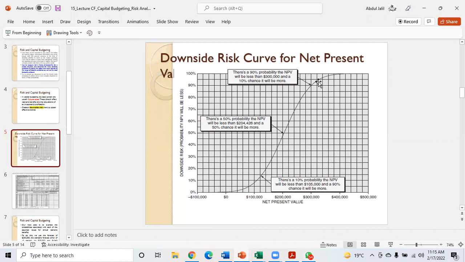Now this 2 lakh, it may have just like a 50% probability that up to 2 lakh net present value you may have, or a 90% probability that 3 lakh dollars you may have as a net present value. So actually this probability distribution is helping to identify, through this probability, how much risk exists in this case, right? Because how probability is connected with the risk element, you know that whenever we apply chances, how much likelihood of something happening, then it is a likelihood, it is not a certain situation.